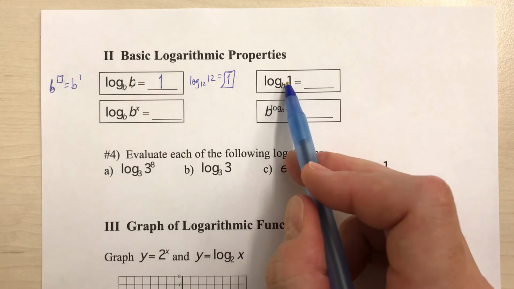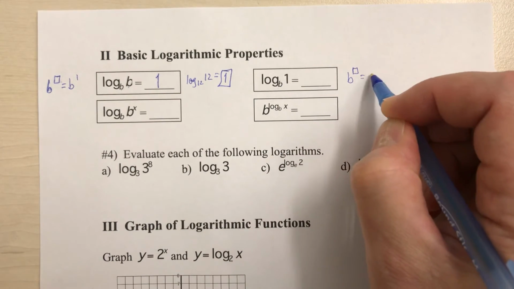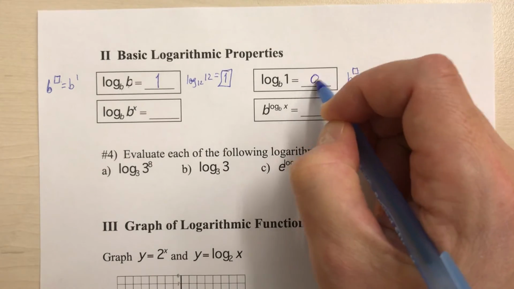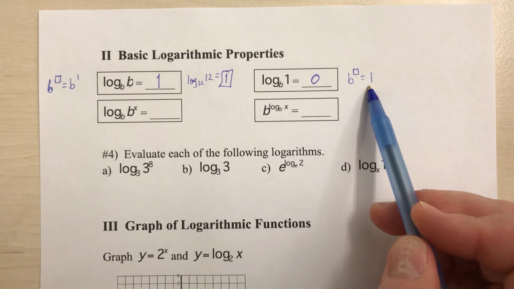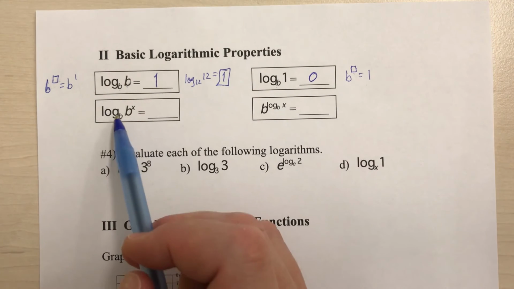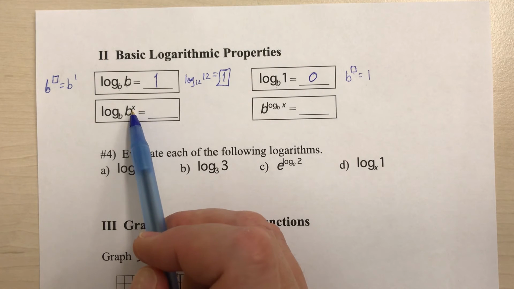The log base b of 1, so b raised to something equals 1, well, that has to be 0. Anything raised to the 0 power gives us 1. Now let's say we have the log base b of b raised to the x power.